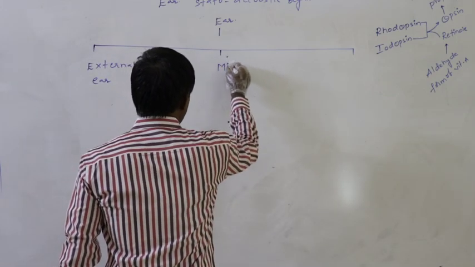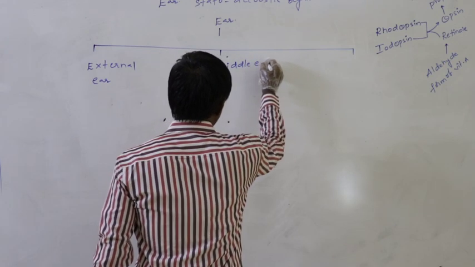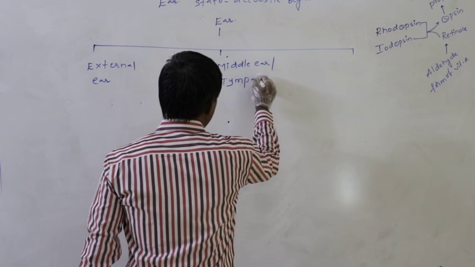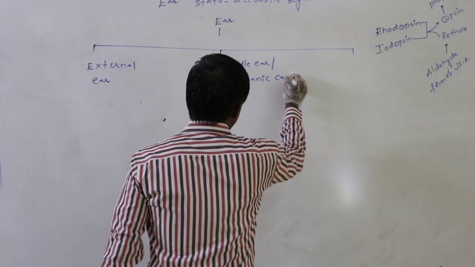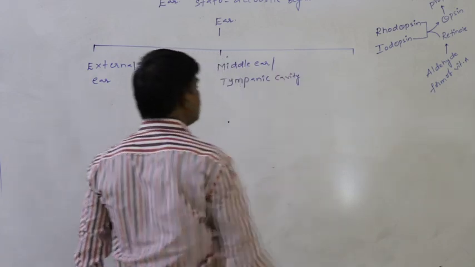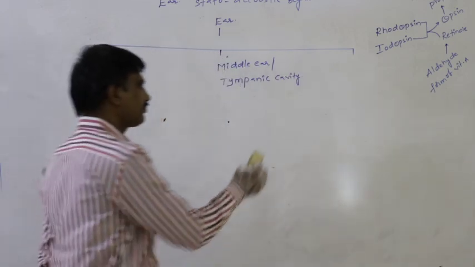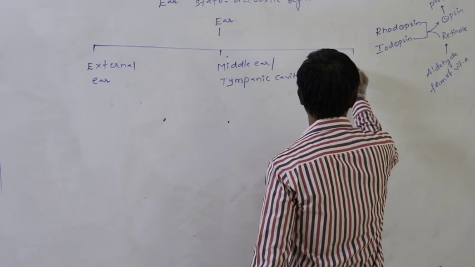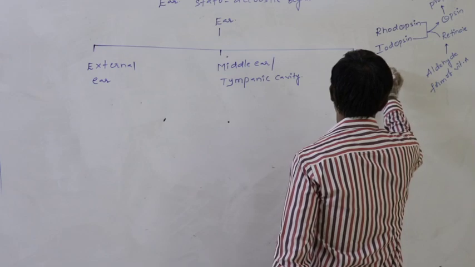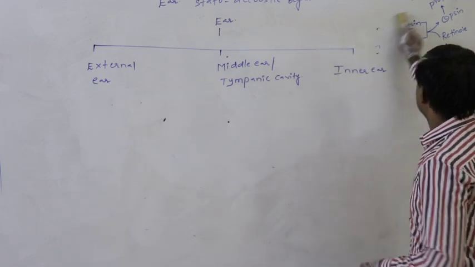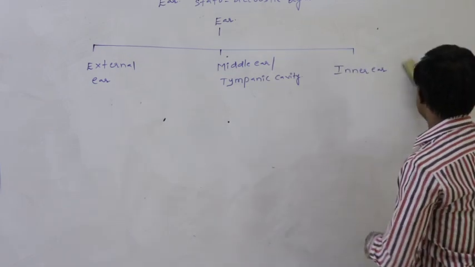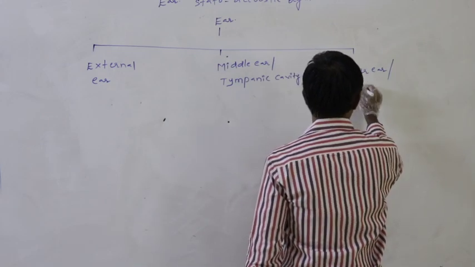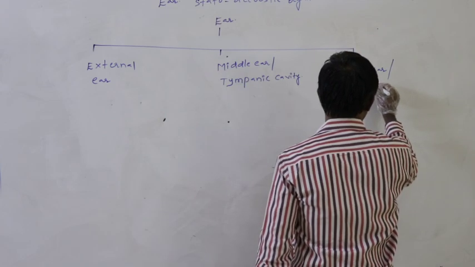Second one is the middle ear or tympanic cavity. Third one is the inner ear, also called the labyrinth.